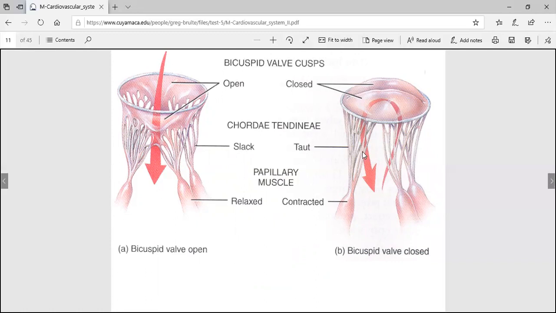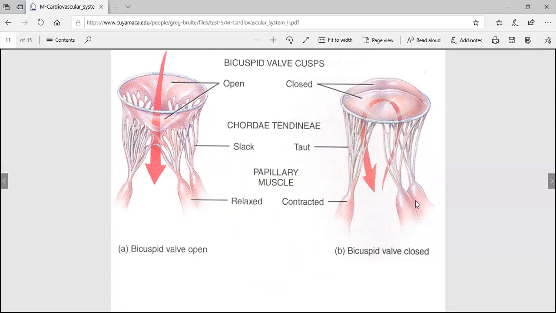When your ventricles contract and the blood is pushed, it would just shoot right back up into the atrium if it weren't for these valves. You don't want that. You want it to go out your aortic valve and your pulmonary valve. So these have to slam shut.